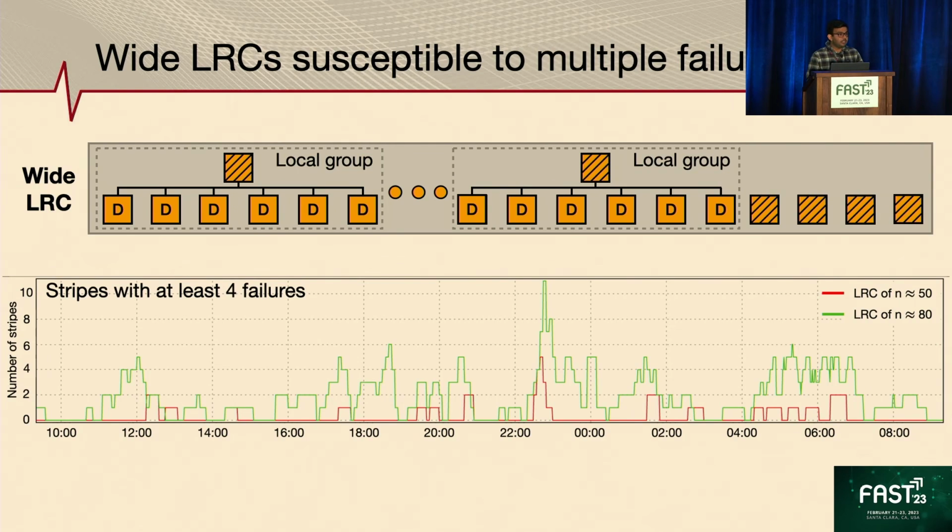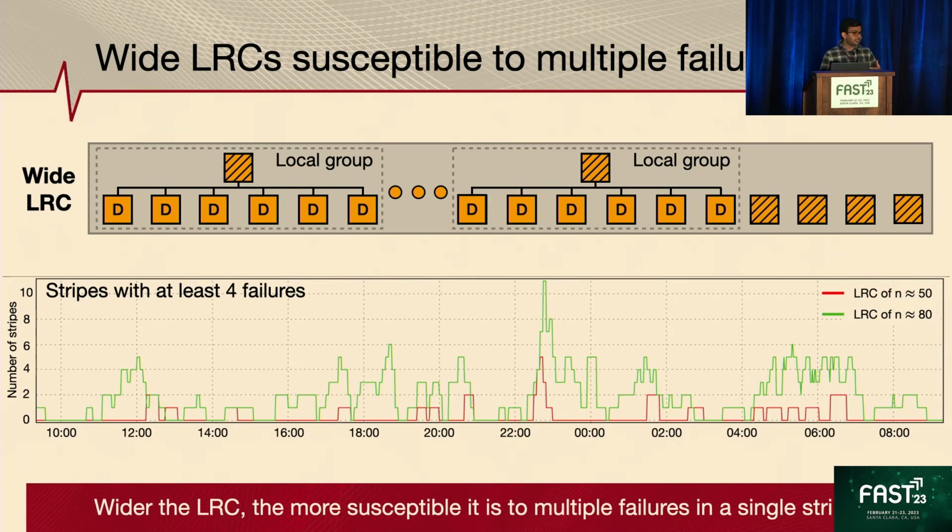I compare 2 deployed wide LRC codes, one approximately 50 wide and one approximately 80 wide. We can see that on average, the 80 wide code has many more stripes which have at least 4 failures compared to the 50 wide stripe, stressing the point that multiple failure tolerance and recoverability is an important feature of wide LRCs.